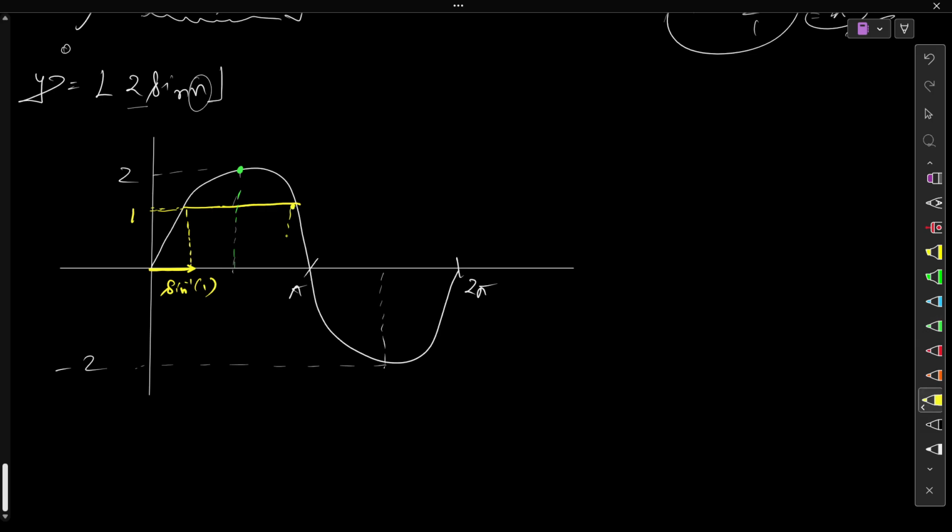So yeah, after that this will be sin inverse of 1, and this would be pi minus sin inverse of 1, right? Similarly this would be pi plus sin inverse of 1, and this would be like this, generating the output as -1.